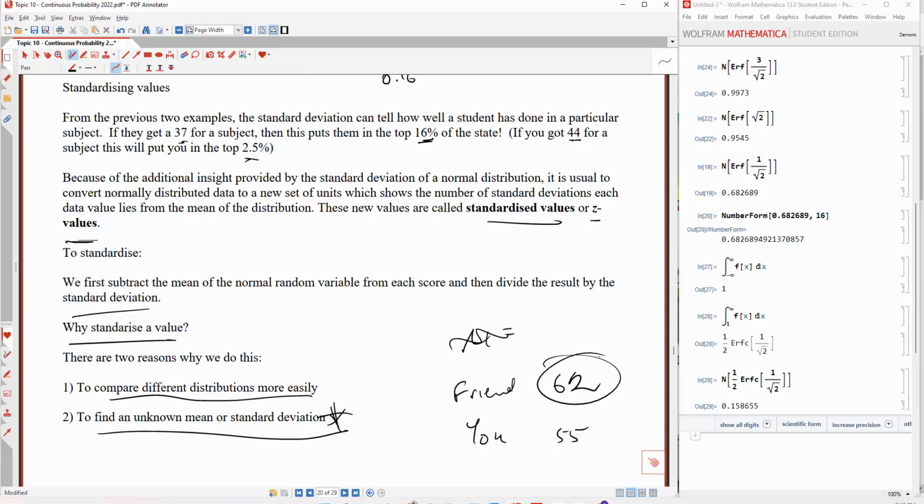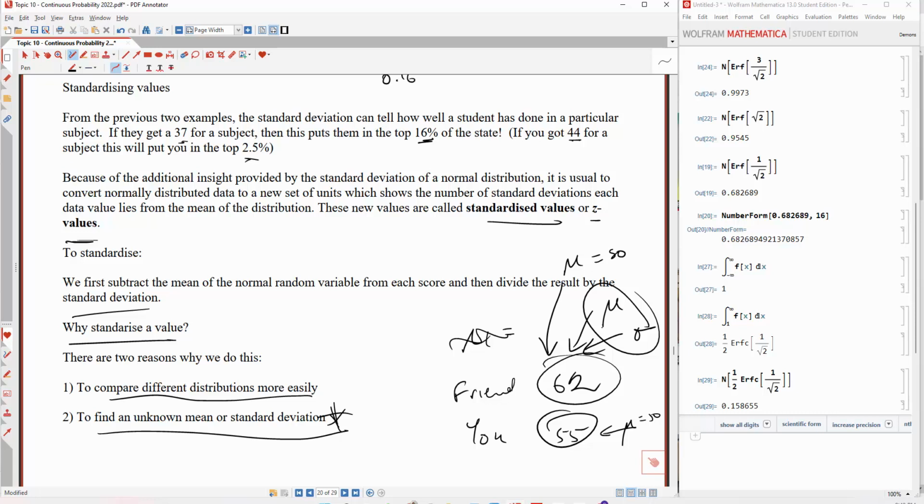Well, what I'd really want to know from the friend is what the mean and the standard deviation were. I would use those two things to compare the scores, because who knows how the subject went. For example, you might have got a 55 where the mean was 50, which is fantastic, while your friend might have got a 62 in a subject where the mean was 80.